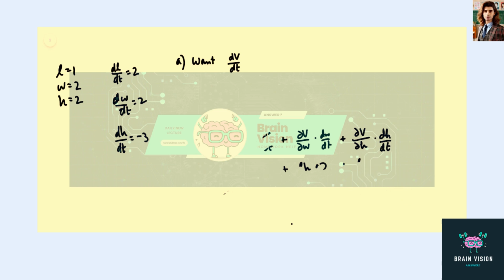So as before, we will have to begin with a formula for surface area. So let's change this. Now we'll use A for area, we want dA/dt.